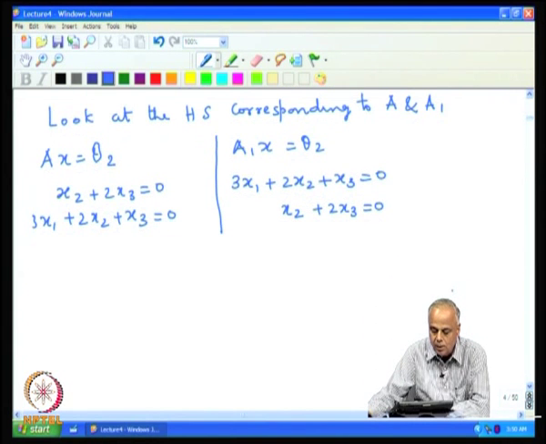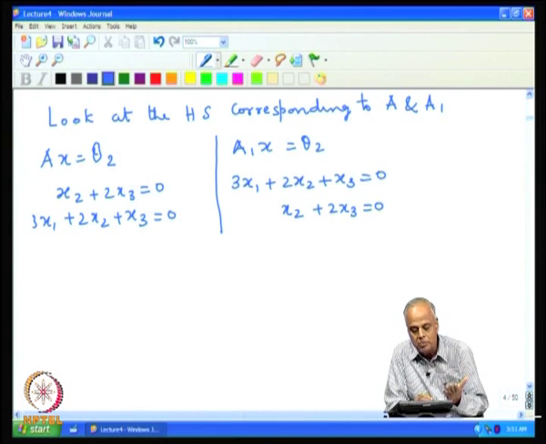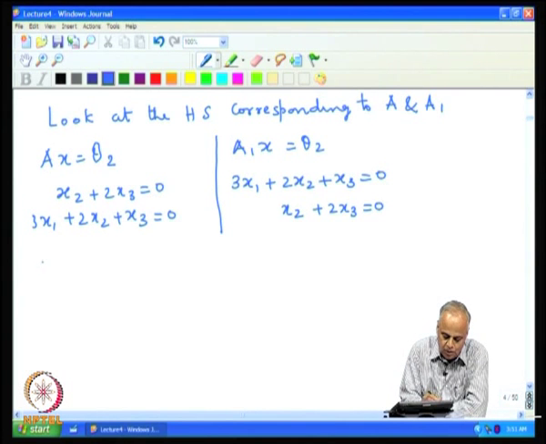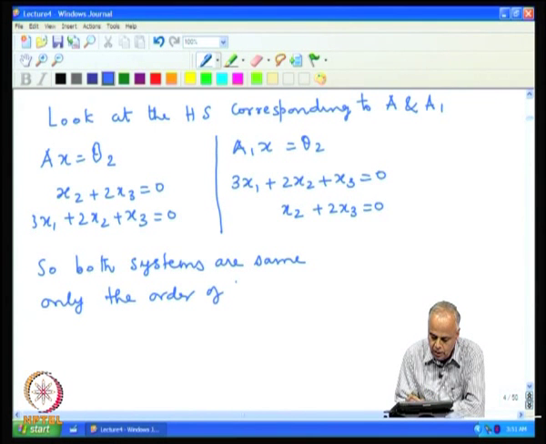We observe that both are the same systems, the same equations appear in these systems, only the order in which we write these equations is different. So, both systems are the same, only the order of the equations is changed.